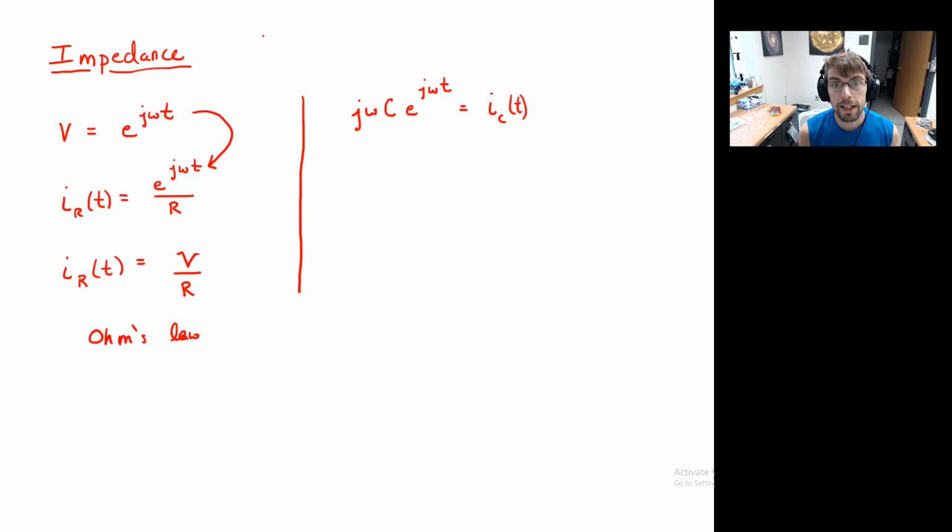Let's take that substitution again. And what do we get? We get j omega C times our potential, our source, equals I_C.